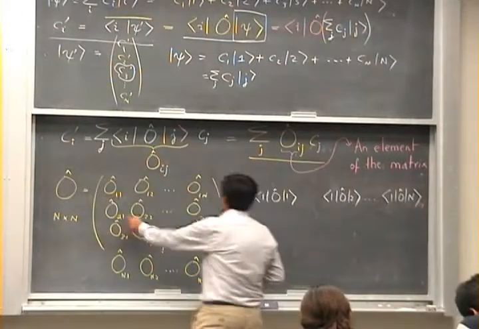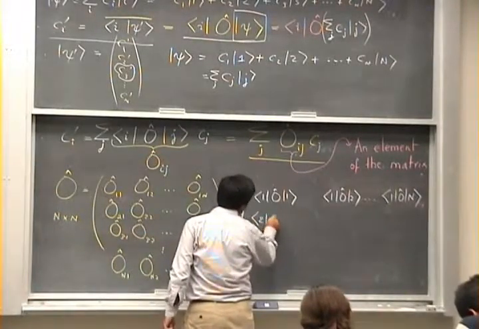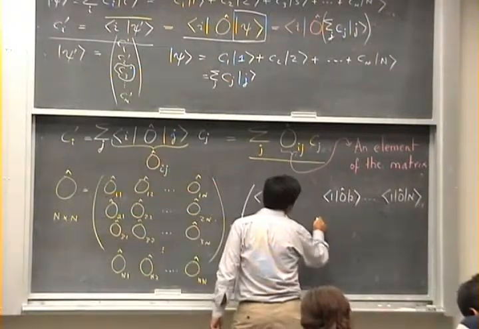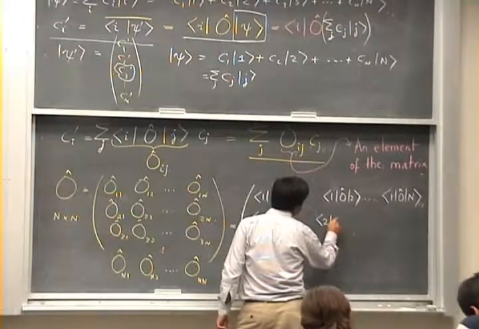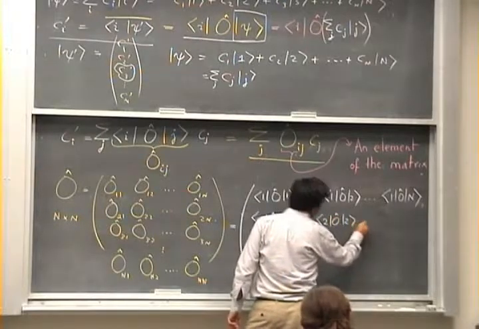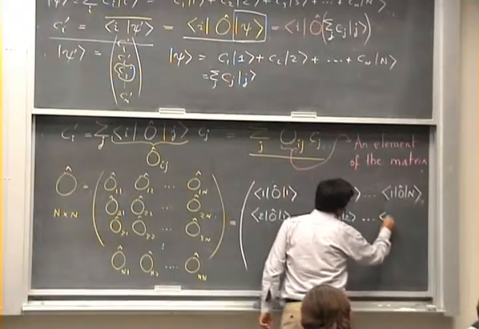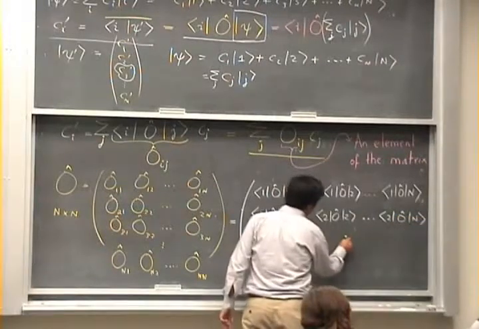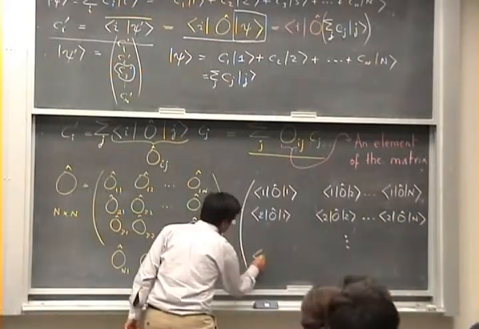This element, second row, first column, second row, nth row.